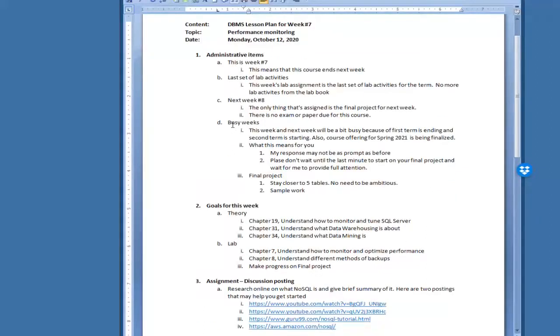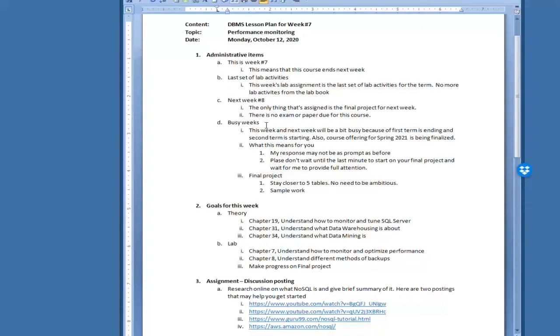A few words about this week and next week. Understandably and expectedly, these 2 weeks will be a little bit busy for all of us, for you to finish up and catch up and maybe even get ready for term number 2 of the same semester. Same thing applies to me. I try to be very prompt in responding to your emails and assignment gradings.